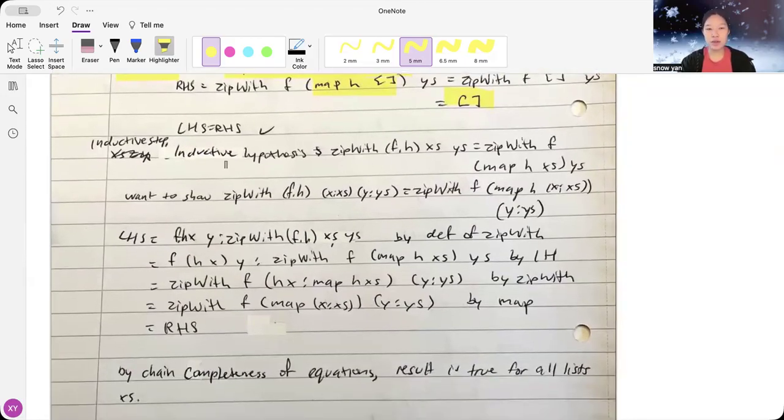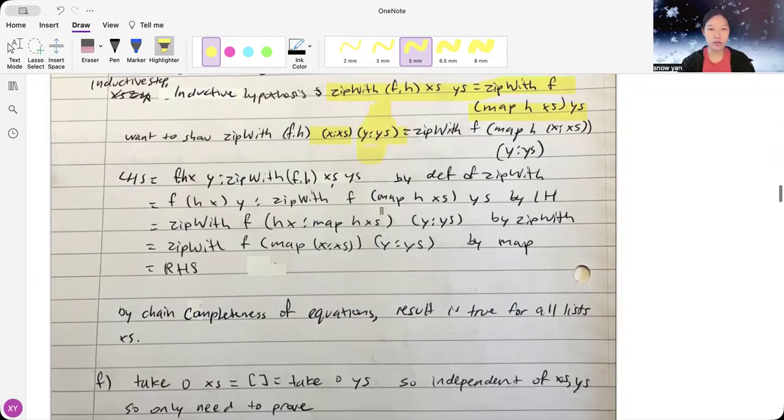For our inductive step, our inductive hypothesis is that this equation holds, right? So we want to show that for the next one it holds. So for x cons x's, y cons y's, we have that. To be honest, I don't even need to write y cons y's, I could just keep it as y's for simplicity.